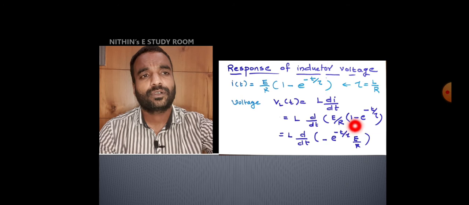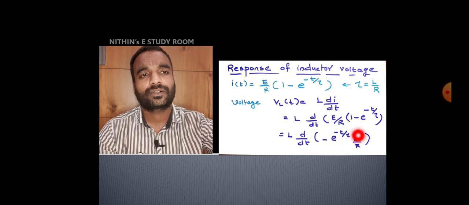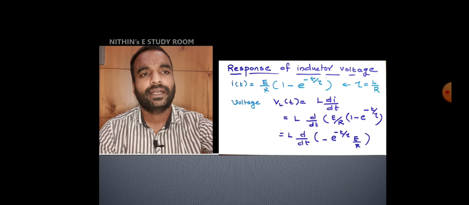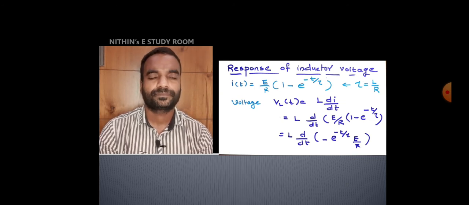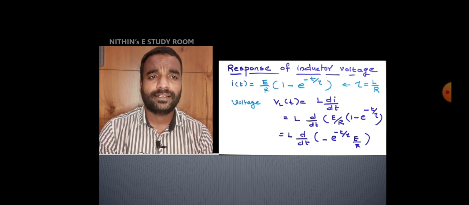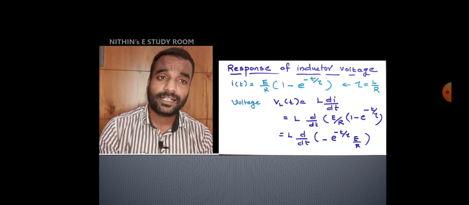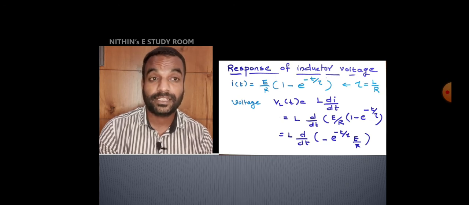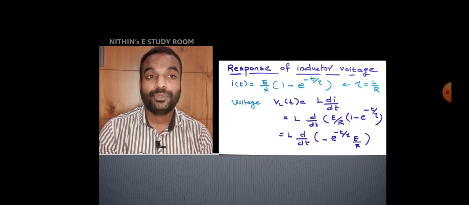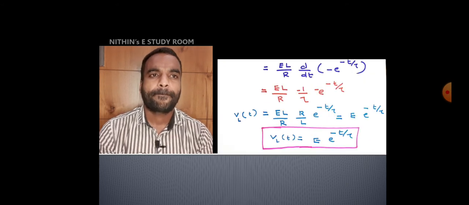E by R is a constant also, and you will get minus e raised to minus t by tau, as it is differential, into 1 by tau.